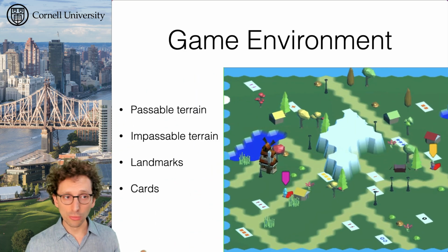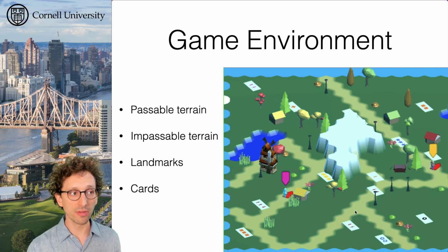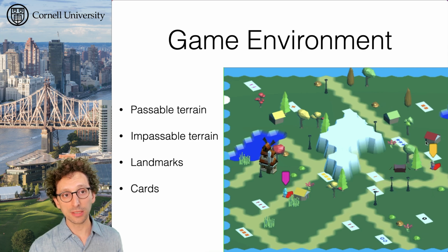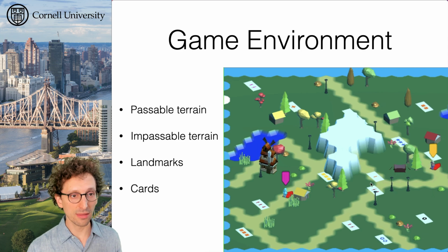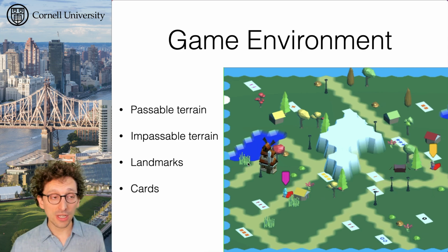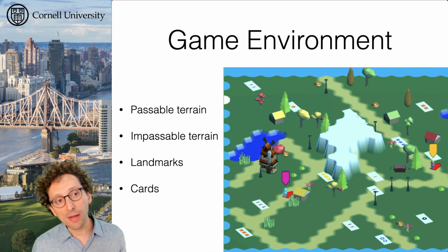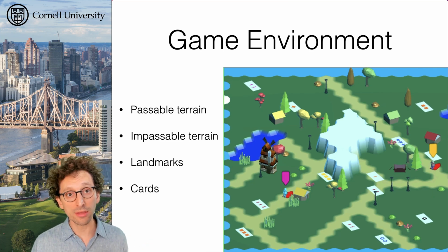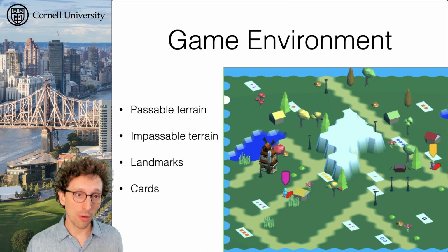This environment includes various elements, including passable terrains like the grass and the roads, impassable terrains like water bodies and the mountains, landmarks like a windmill, different houses with different colors, roof colors, tents and different vegetation, and different cards that are randomly distributed in the environment, and each card has a number of elements on it.